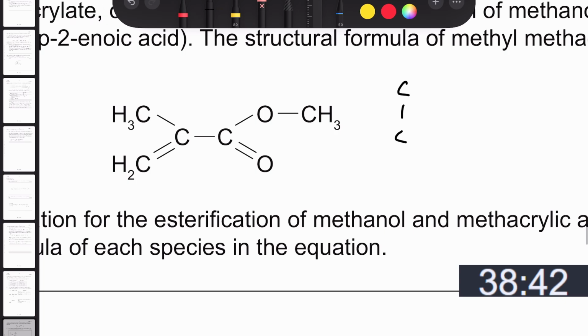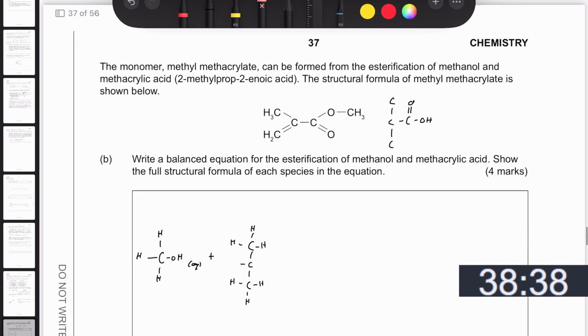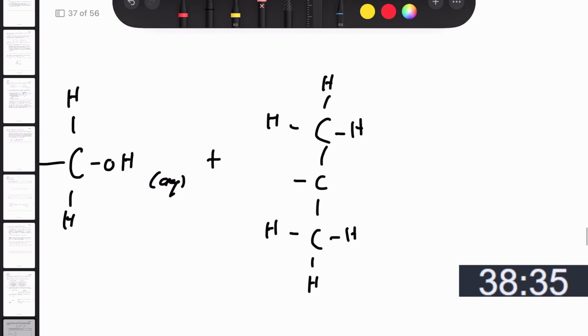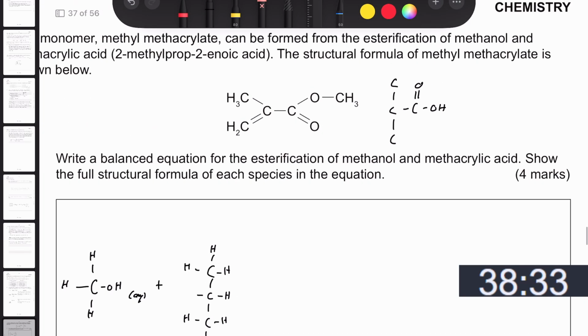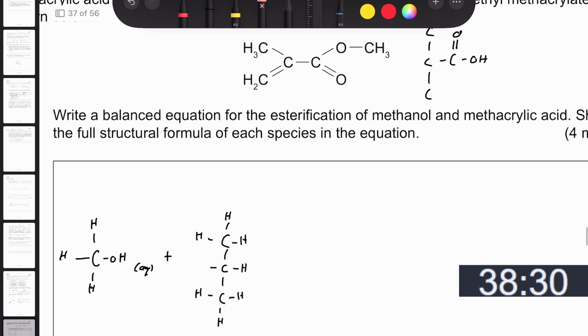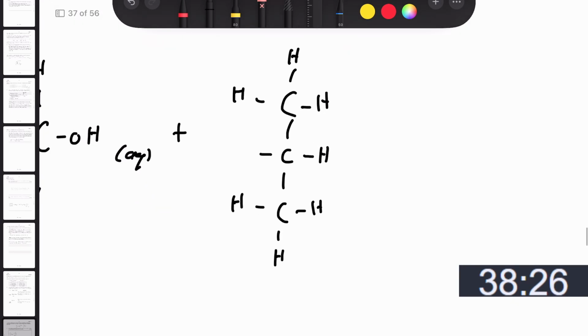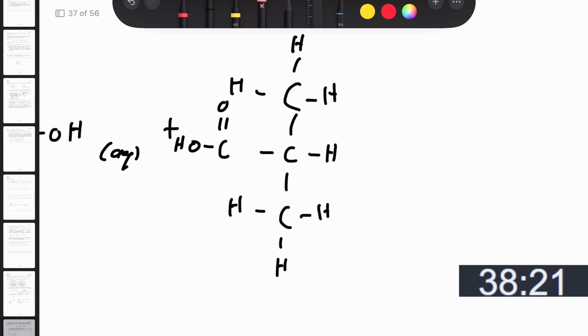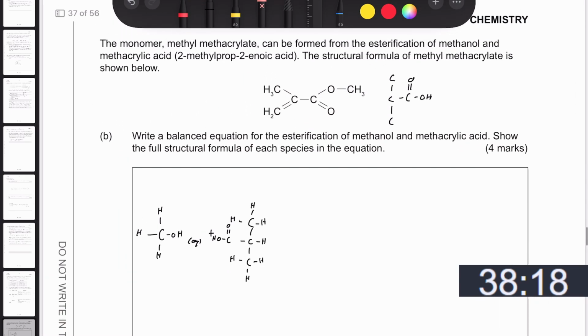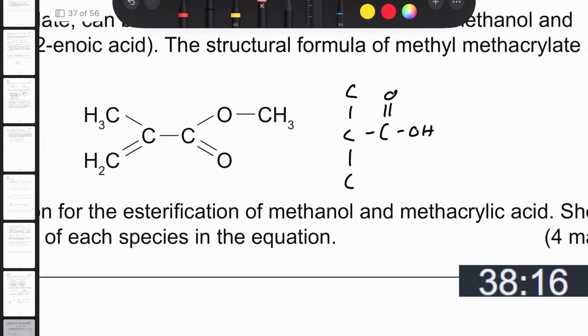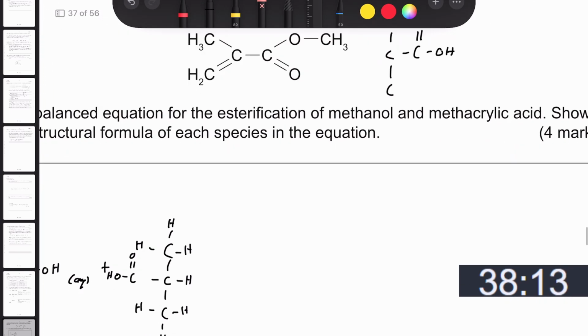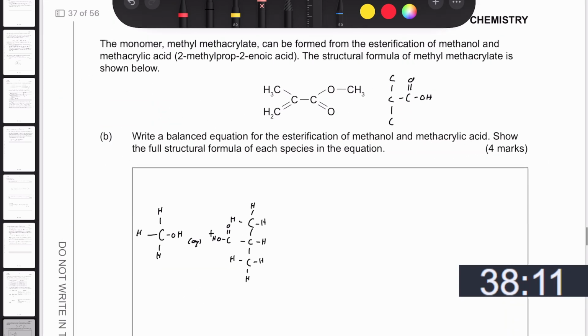So this is CCC and COOH. 2-methyl, 1, 2.